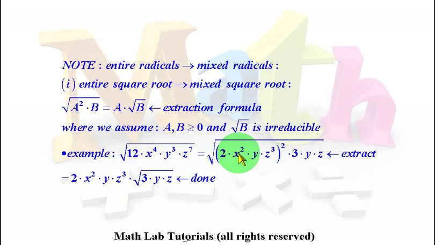And now it's time to extract the good guy squared from the radical. Of course, the square root of anything squared is just that anything, and we're going to bring it outside the radical and leave the bad guy inside the radical. So here's the good guy outside the jail, and there's the bad guy. He's still in jail, and he cannot be extracted.